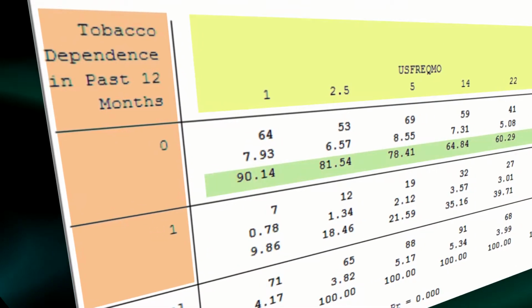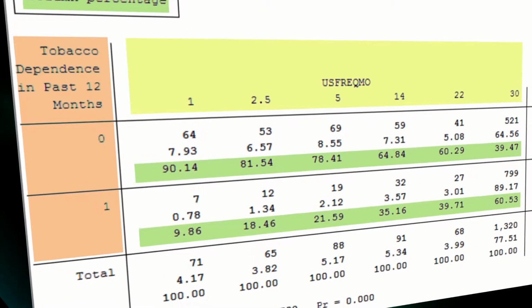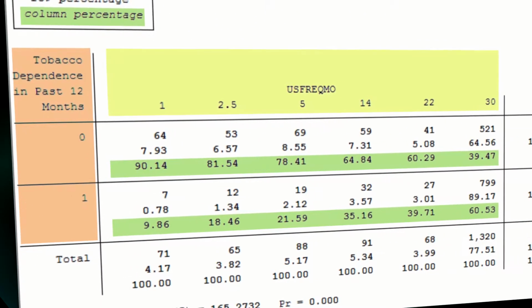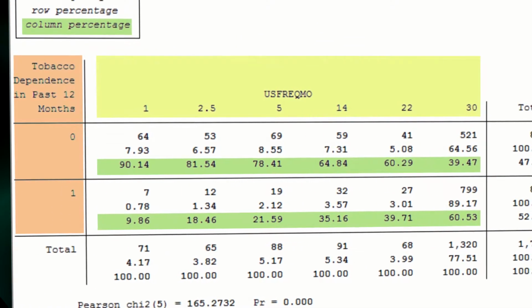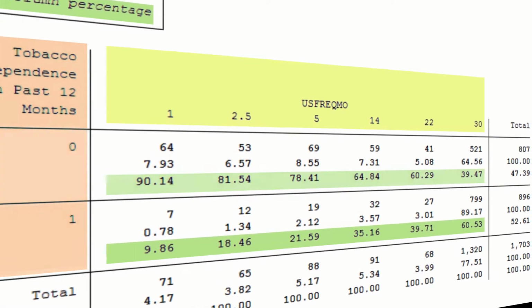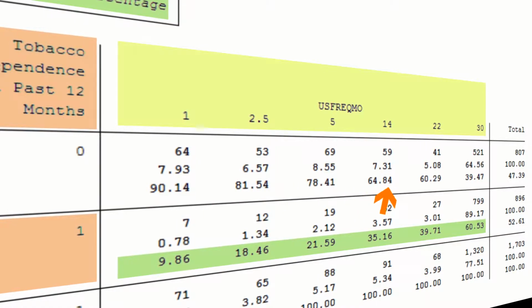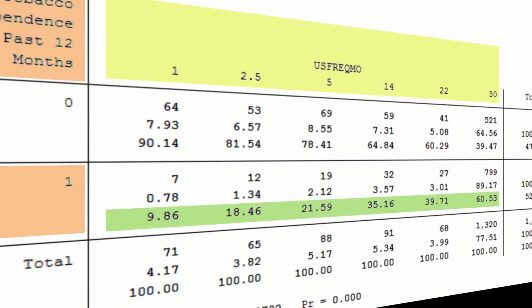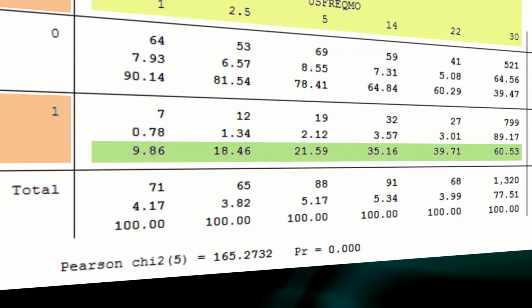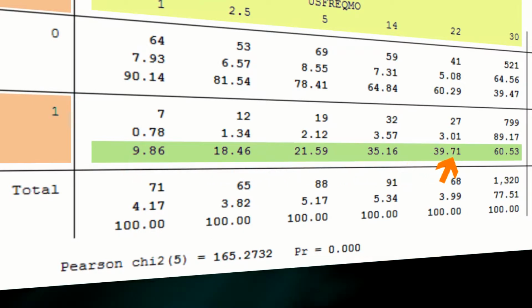In other words, we're interested in whether the rate of nicotine dependence differs according to which explanatory group the observations belong to, that is, which smoking frequency group. Notice that we're not interested in the column percentages for those observations without nicotine dependence, indicated with a dummy code of 0. Instead, we're interested in describing the presence of nicotine dependence within the smoking frequency groups.